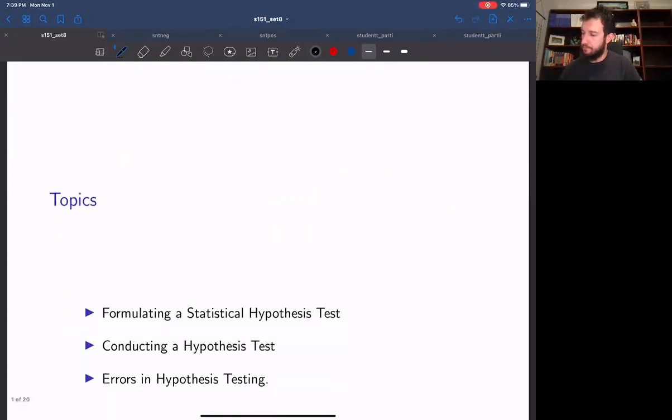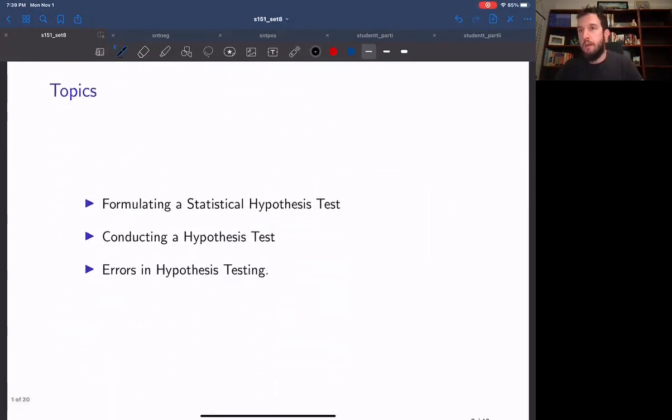So lecture set number 8 is dedicated to the introduction of and examples of statistical hypothesis testing. We're going to go through a fairly quick introduction to what hypothesis testing actually is and how it works. For the most part, it's a pretty straightforward process.